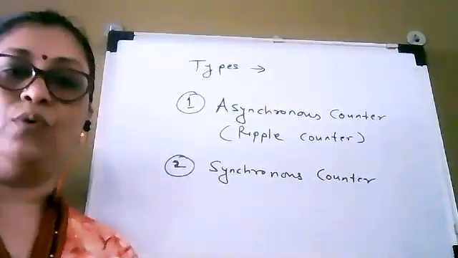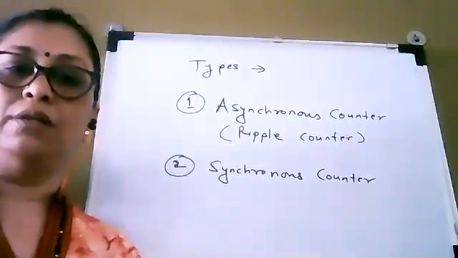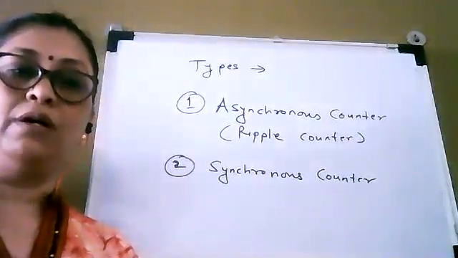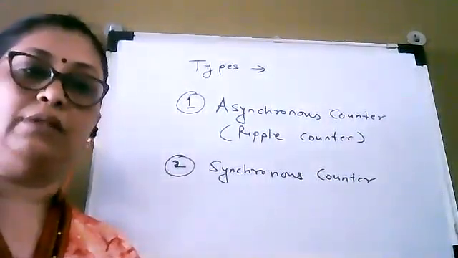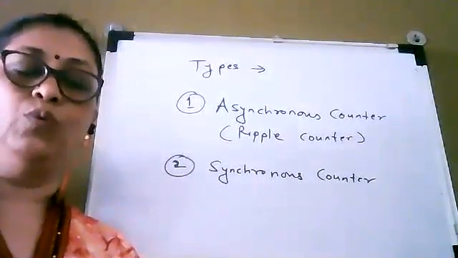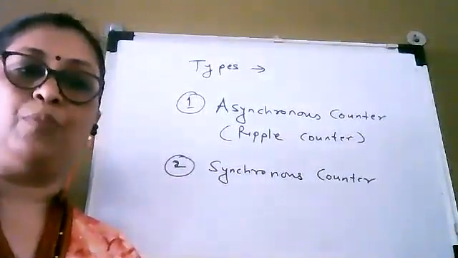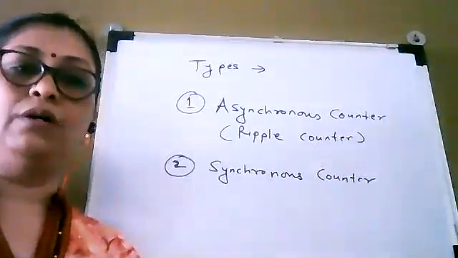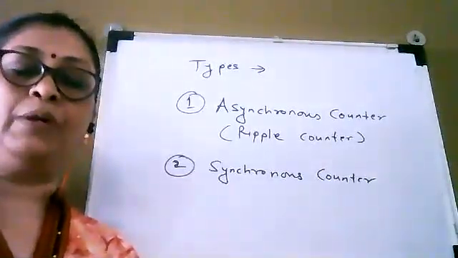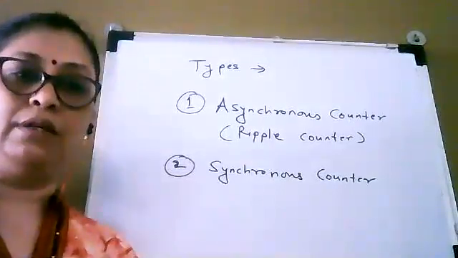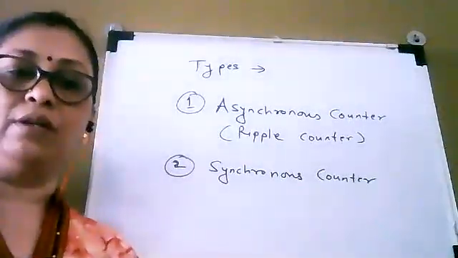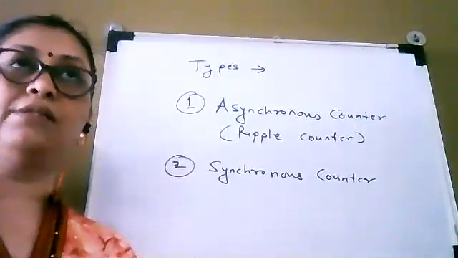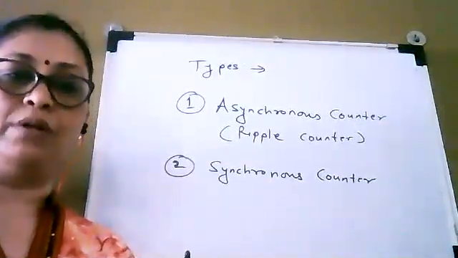Okay, so if you consider asynchronous counter, then clock signal is applied to one flip-flop at a time. Okay, so at a time, one flip-flop is changing the state. And if you consider synchronous counter, then clock signal is applied simultaneously to all the flip-flops.